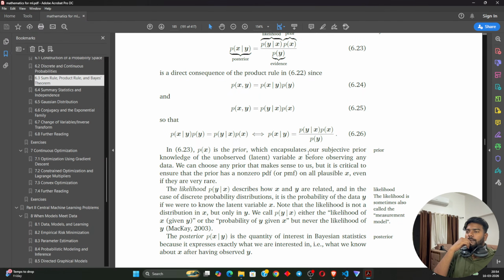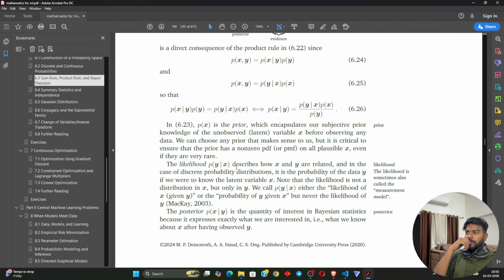p(x) is the prior, which encapsulates our subjective prior knowledge of the unobserved latent variable x before observing any data. We can choose any prior that makes sense to us, but it is critical to ensure that the prior has non-zero PDF or PMF on all possible x, even if they are very rare.